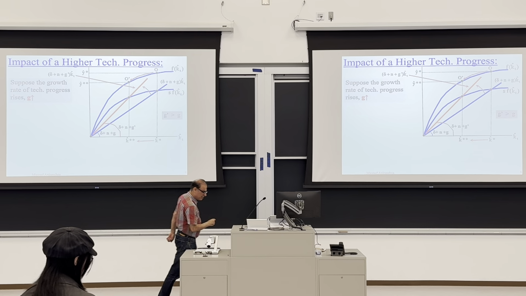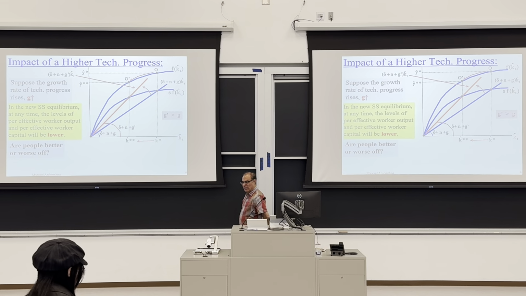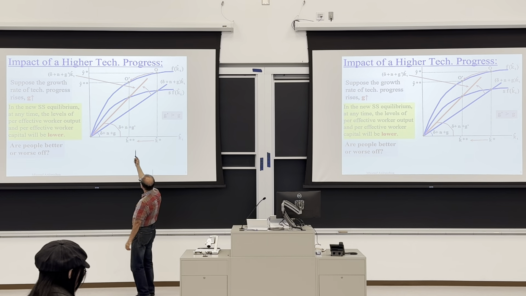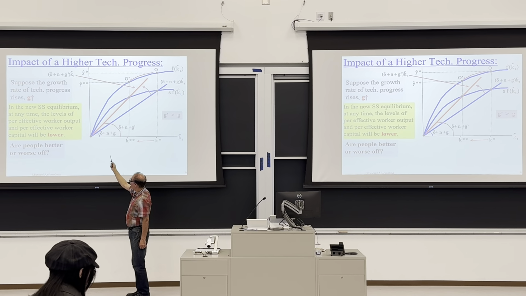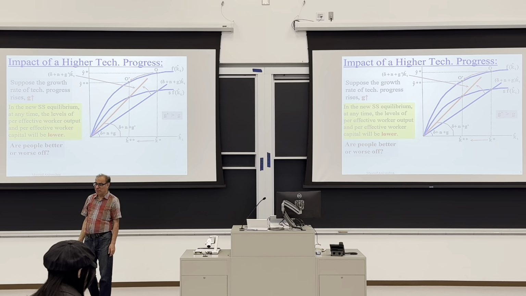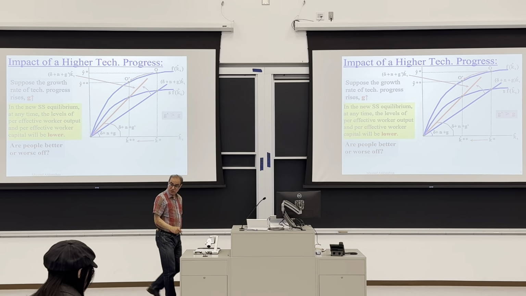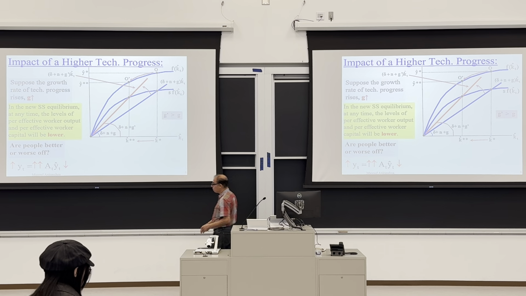But this graph is kind of counterintuitive because it looks like y hat is going down, k hat is going down. Did you see that? So are people really better off? But I told you, y hat doesn't matter, y matters. Okay? See here?